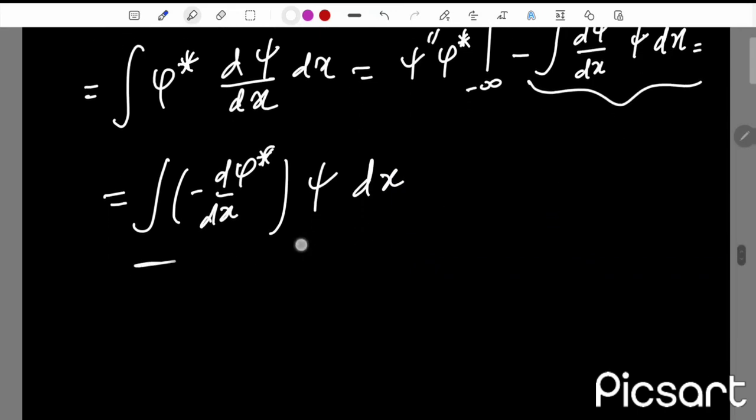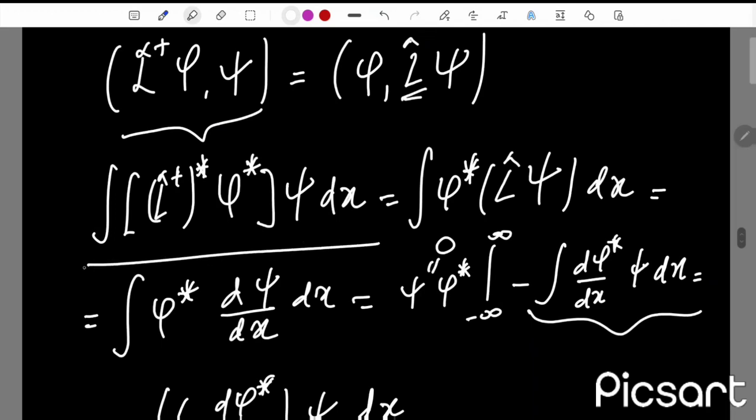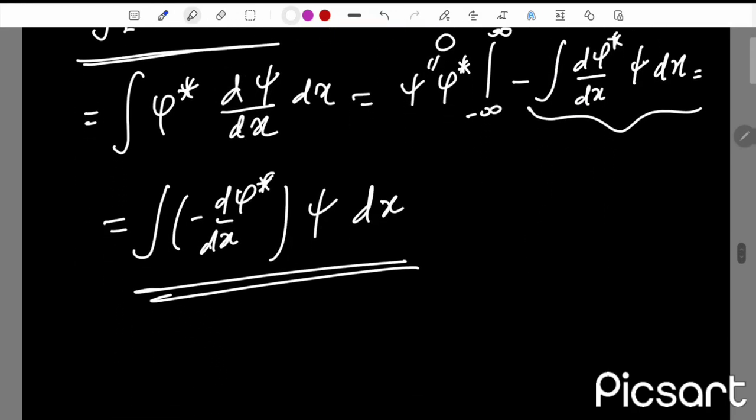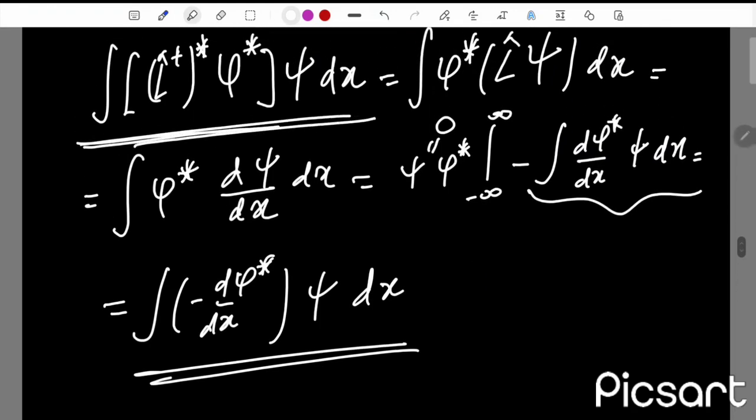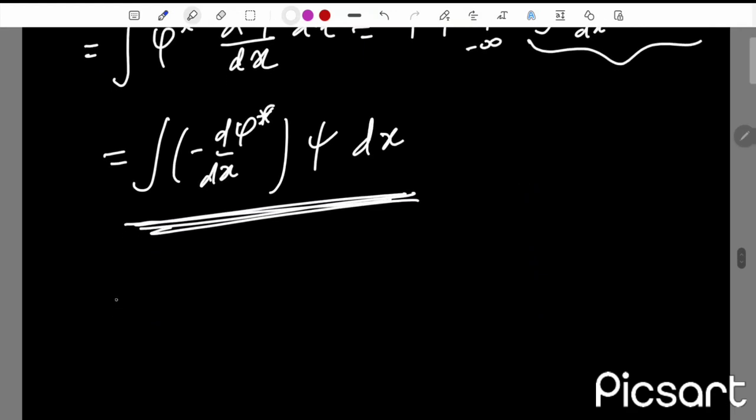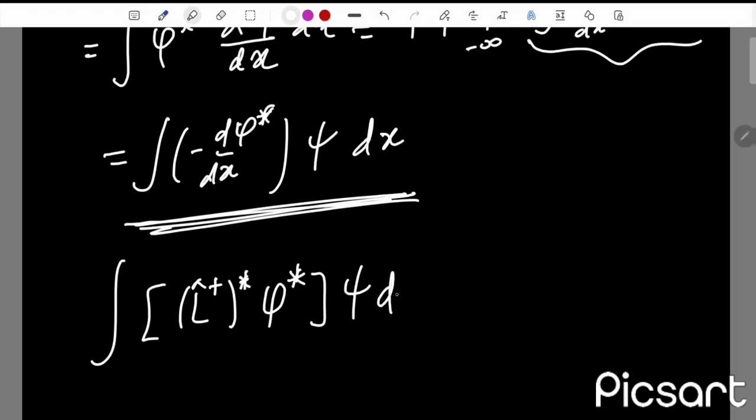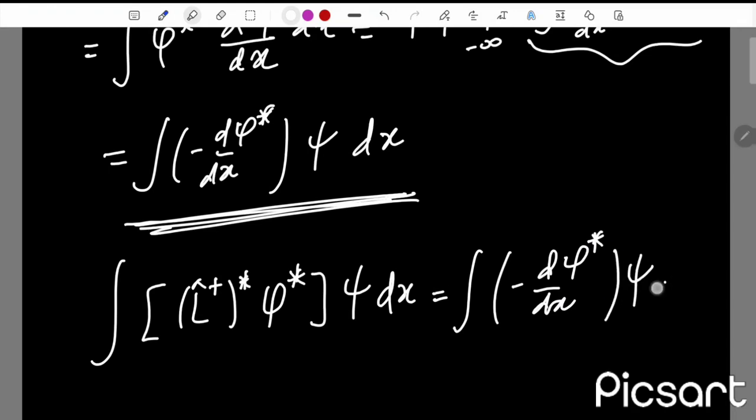And now we can go back to the beginning, the initial integral, and then we have that this expression is actually equal to this one, I mean here L dagger complex conjugate acting on phi times psi d of x must be equal to the integral of minus d over d of x phi times psi d of x.